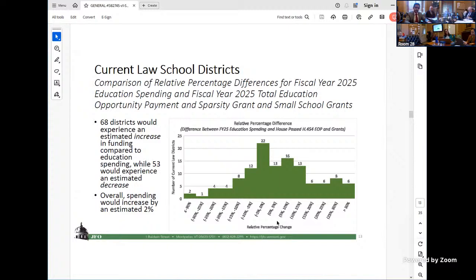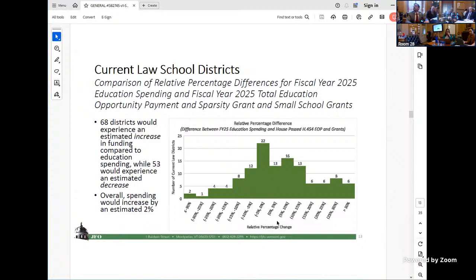What we're looking at here are the dollars going to school districts. We know that around two-thirds of the ed fund is from property taxes. We know that H454 makes changes to property taxes, but here we're holding everything constant and asking what the comparisons are between what the foundation formula would give current districts compared to what current districts' education spending would be.